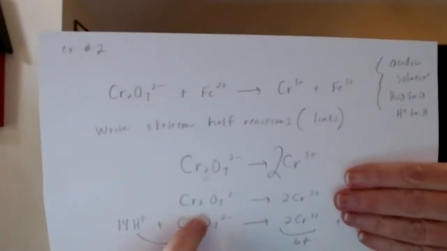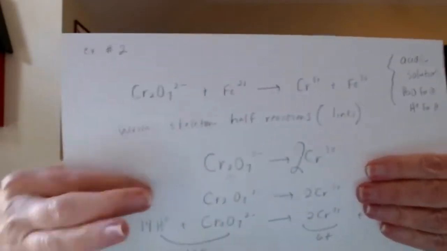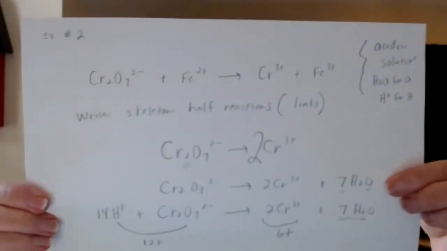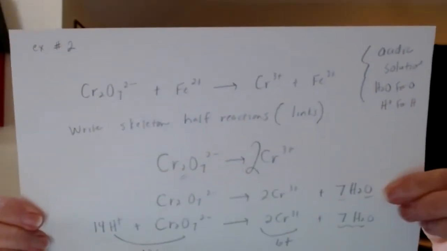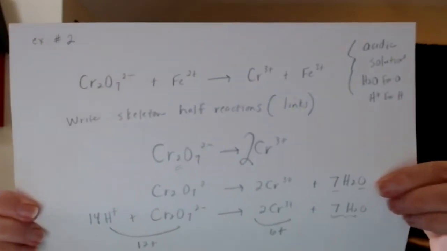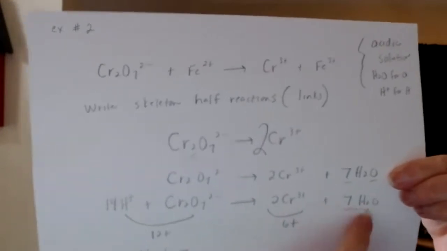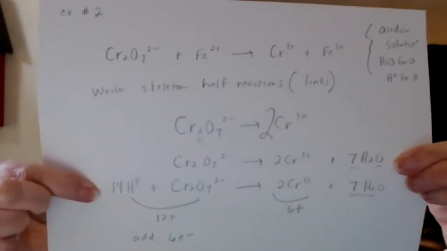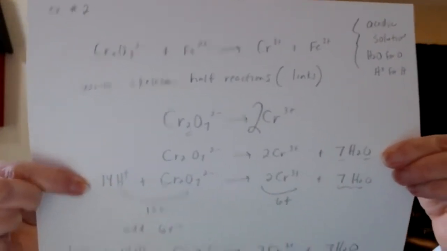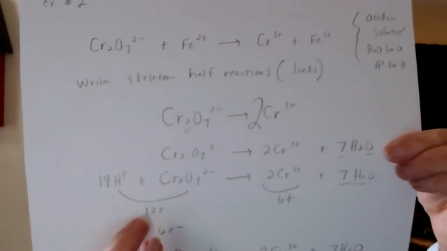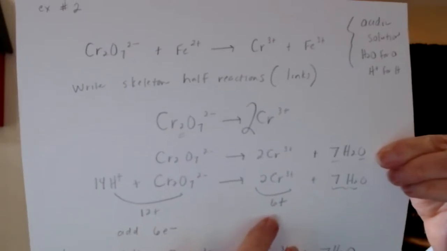I notice, oh goodness, I have 7 oxygens on the left, no oxygens on the right, no problem, add 7 waters. Now that I've added 7 waters to make the oxygen happy, I've got to add 14 H pluses to this side. I check my charge, 12 and 6.